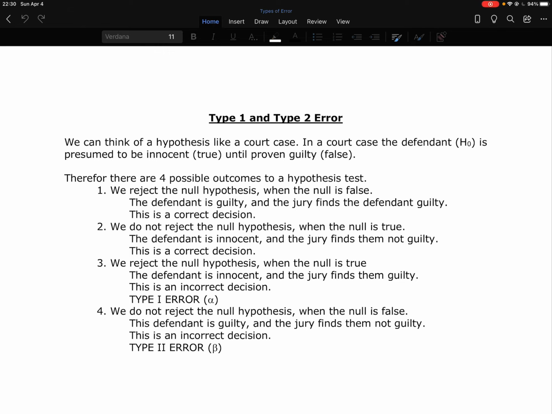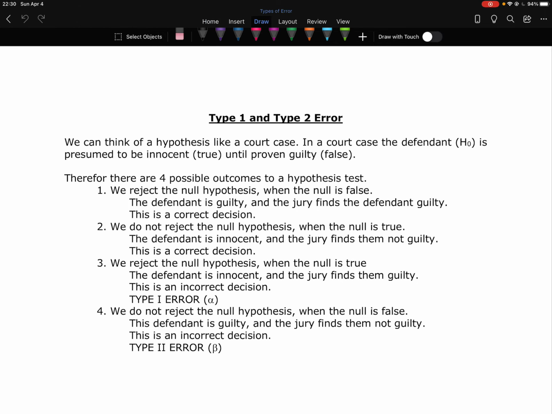It's not quite that severe because I'm not talking necessarily about people, but you could be if you're looking at medicine. So you really have to decide what is going to be the best decision.